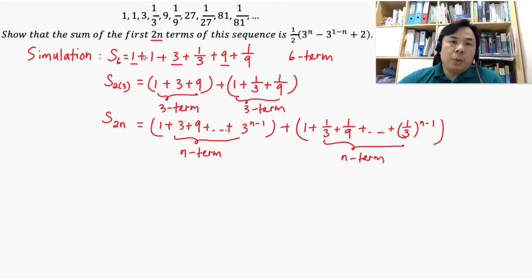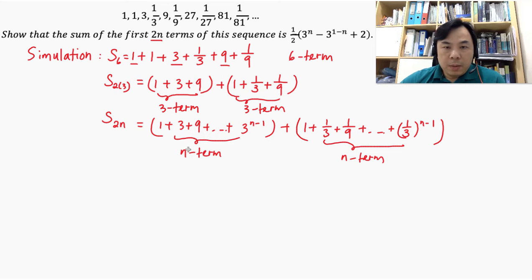Therefore, when they say we want to find the sum of the first 2n terms, what they mean is that we are trying to sum up two separate geometric series that consist of n terms each. Now all we need to do is sum up each geometric series that has a common ratio.